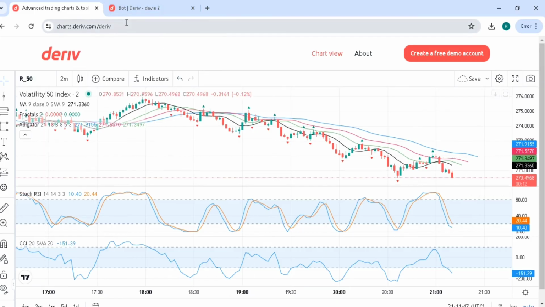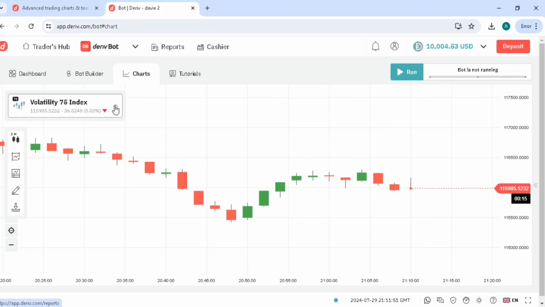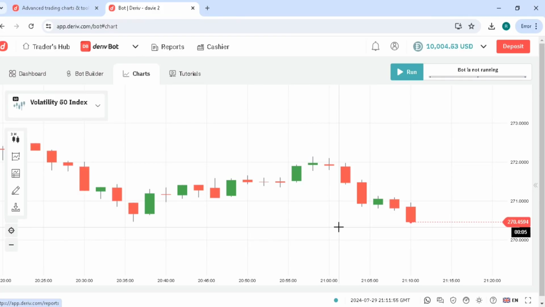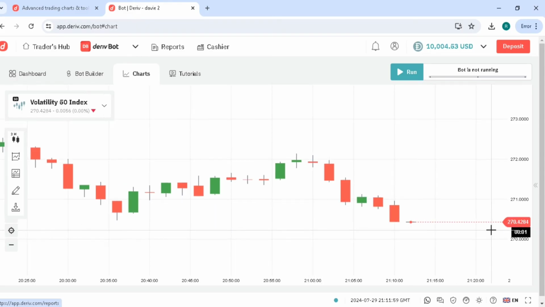So this is V50. Come and change this to 50. Alright, so a new candle pattern is about to be formed. Up once, up once, then retesting.